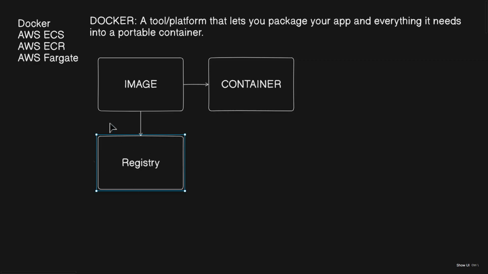So in simple terms, a registry is a storage place for your Docker images. Images can be public as well as private. If you make it public on the registry, it is going to be available or visible to the entire world. If it's private, it will only be visible to you. So that is what a registry is.